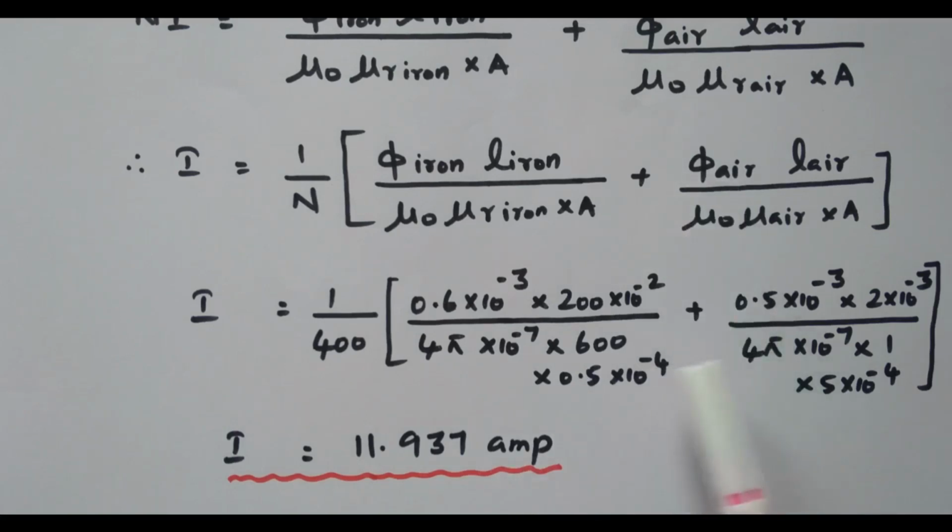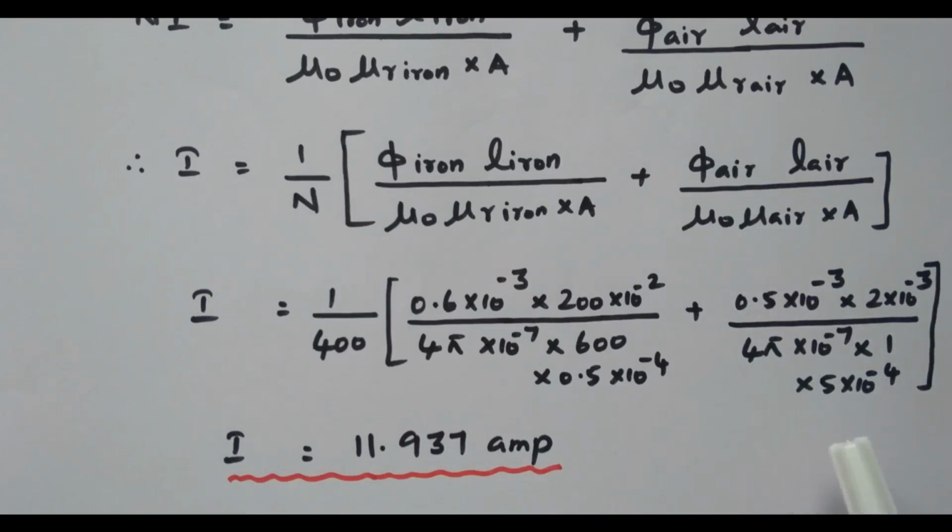The flux in the air gap is 0.5 milliweber, so 0.5 into 10 to the power minus 3. The length of the air gap is 2 millimeter, so 2 into 10 to the power minus 3, divided by mu naught, 4 pi into 10 to the power minus 7. Mu r of air is always 1. And the area is 5 into 10 to the power minus 4.